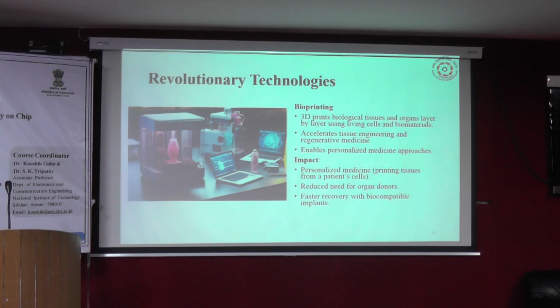The impact is personalized medicine: printing tissues from a patient's cells. Suppose from a patient you take one cell, and using that cell you can print a total tissue. It also reduces the need for organ donors, and gives fast recovery with biocompatible implants. That's why it is another revolutionary technology.